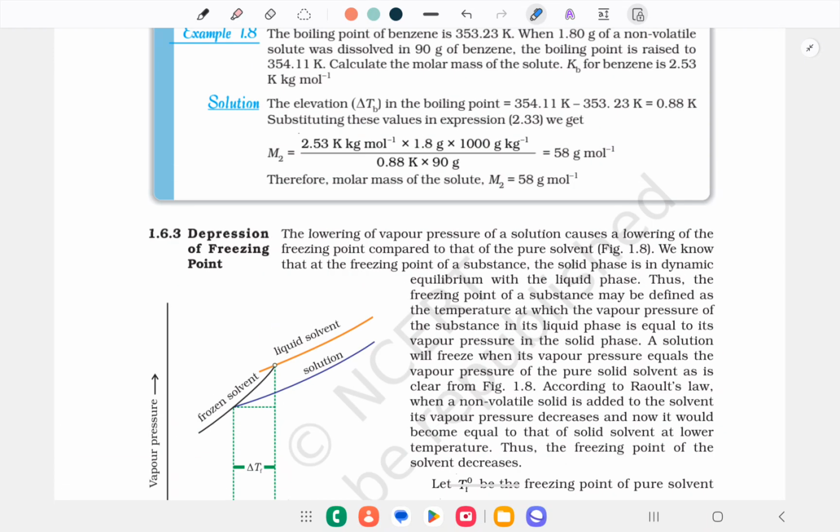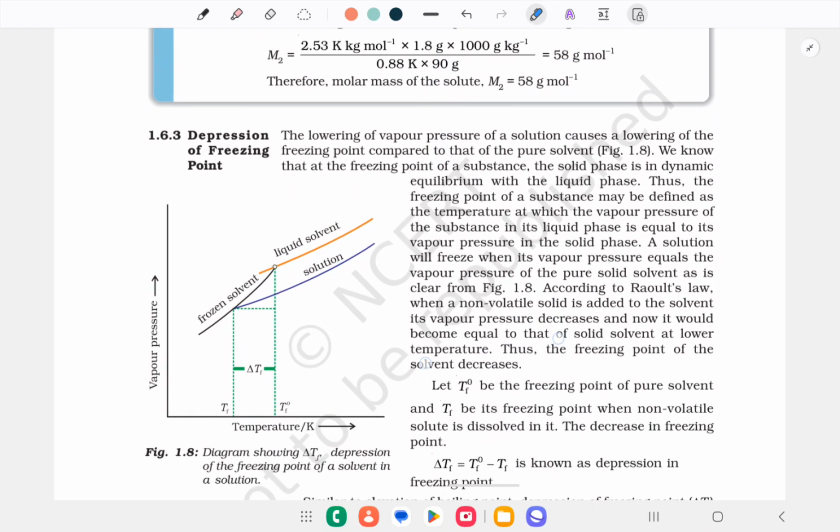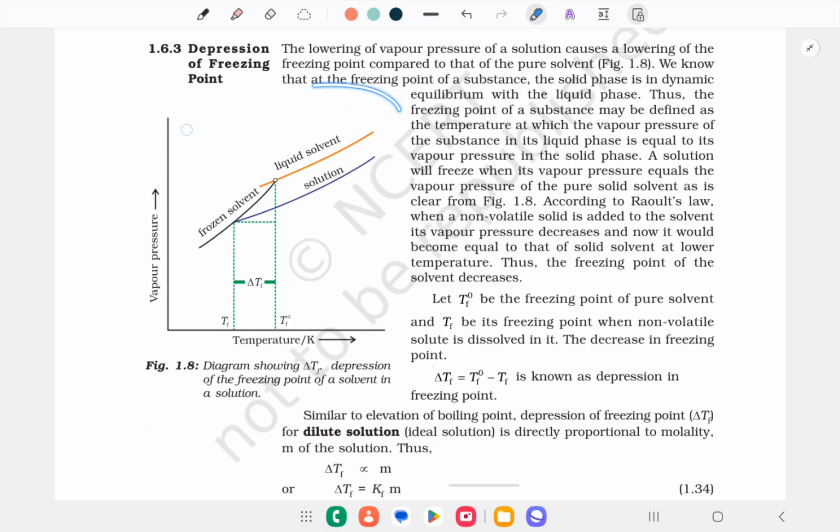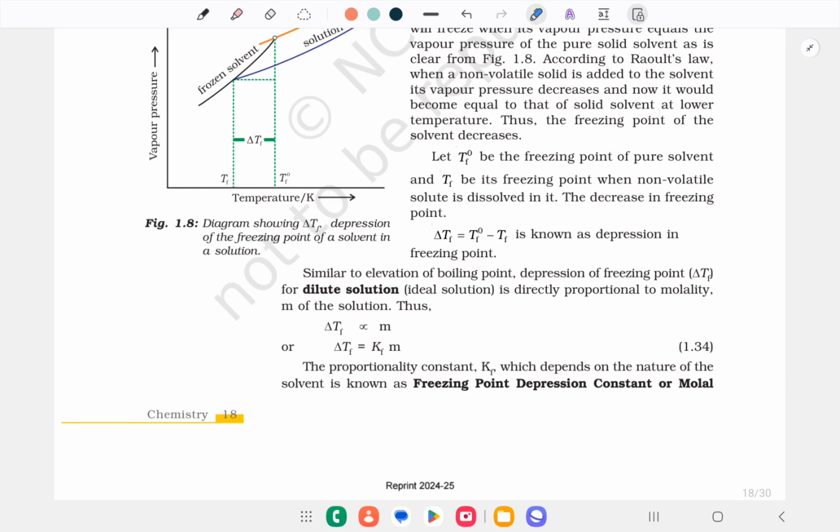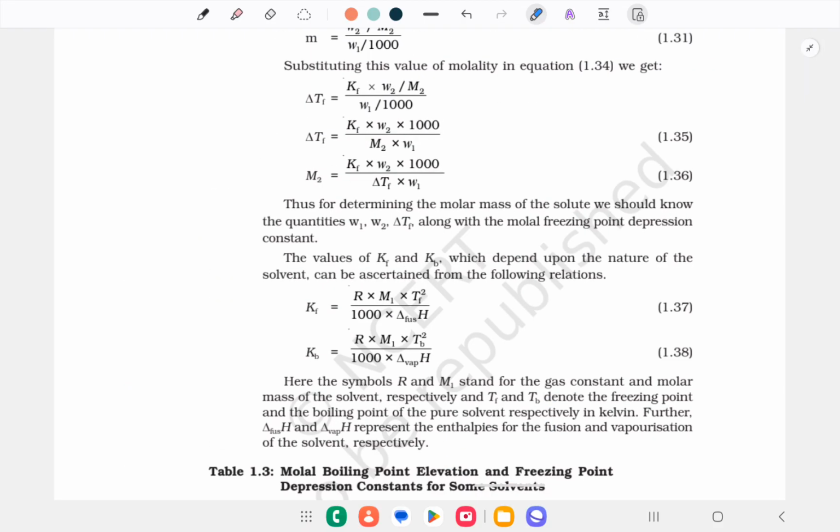And then the depression in the freezing point, and a graph is provided for us. Here the pure liquid will have a greater freezing point, and it is the same as in the elevation of boiling point.